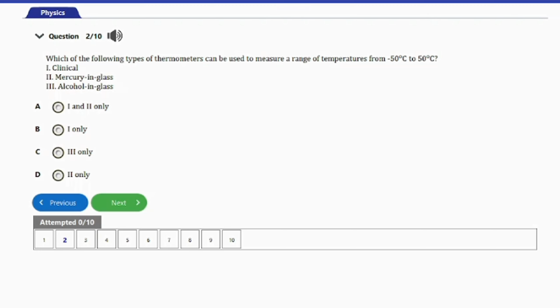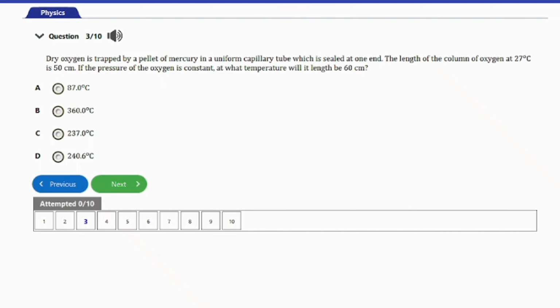So let's go ahead and consider the next question, guys. The question here says, dry oxygen is trapped by a pellet of mercury in a uniform capillary tube which is sealed at one end. The length of the column of oxygen at 27 degrees Celsius is 50 cm.